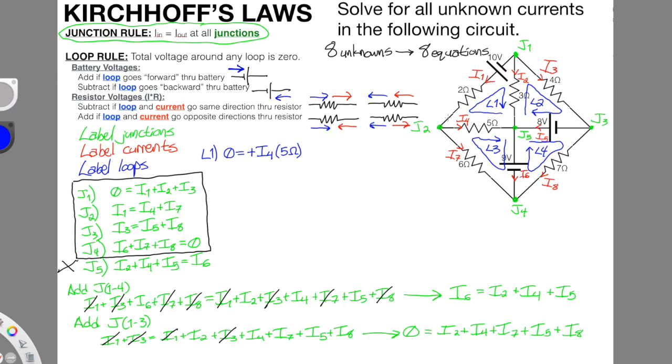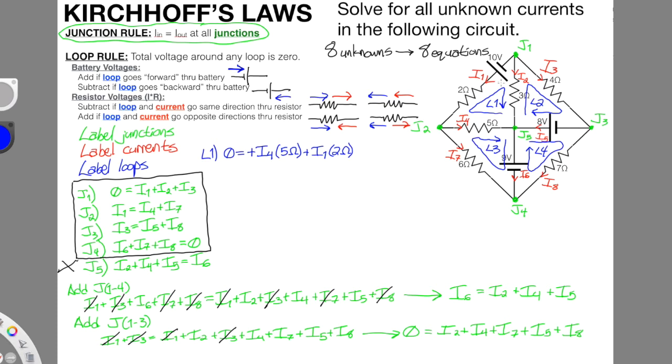Our loop moves up right through I2, but our labeled current moves down left. So the loop and the current are in opposite directions. So again, we will add this resistor voltage, plus the current times the resistance: I1, because that's what section of the circuit we're in, and 2 ohms, because that's the resistance of that resistor.